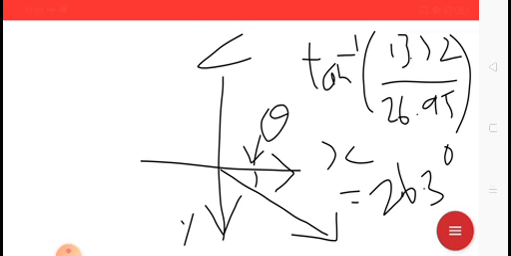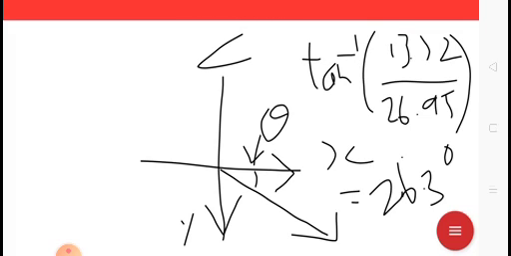In the exam, at the end it's good that you say the angle is equal to 26.3 below the horizontal, because sometimes if you do not mention it, we do not know where the angle actually is. If you just give 26.3, the examiner may not know whether this is below the horizontal, above the horizontal, or below the vertical.